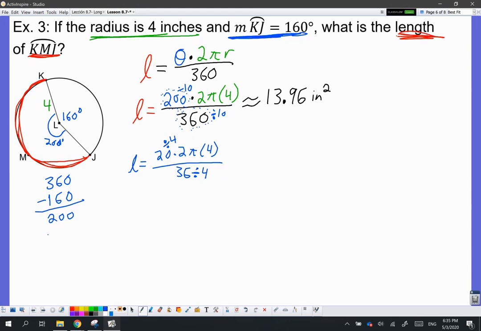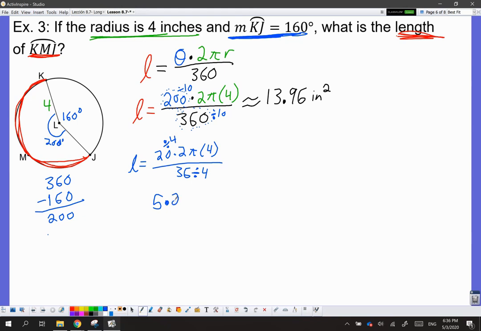And yes, you do have to do this as far as you can reduce these fractions. You can use a calculator to help you out to find the greatest common factor between them that you can use to reduce these. But I know just from off the top of my head, and because I'm a math teacher, that 20 divided by 4 is 5.